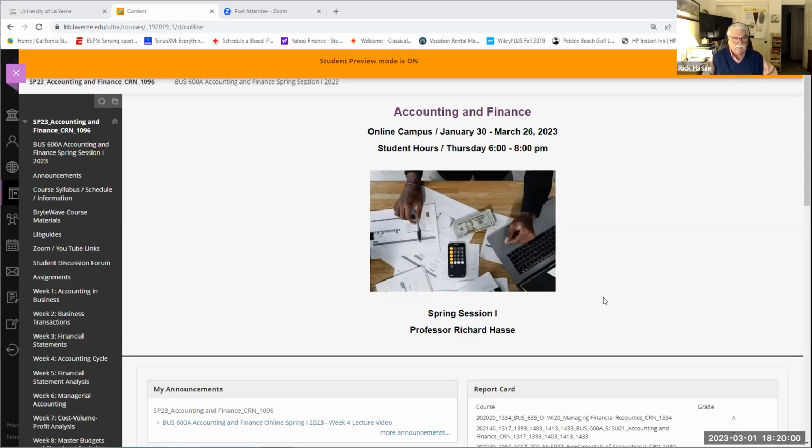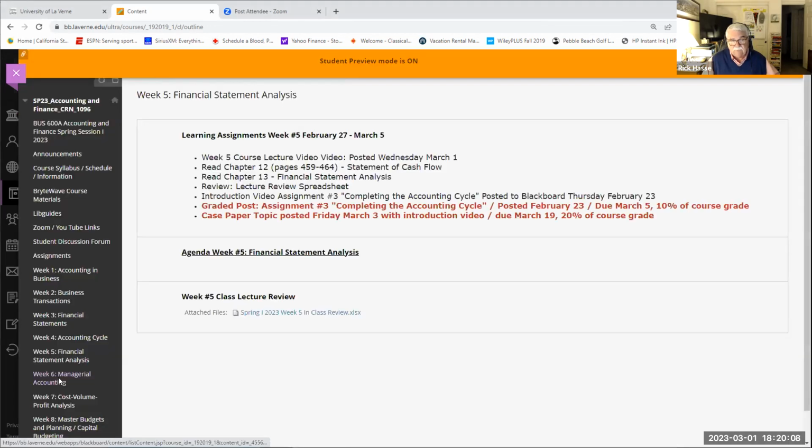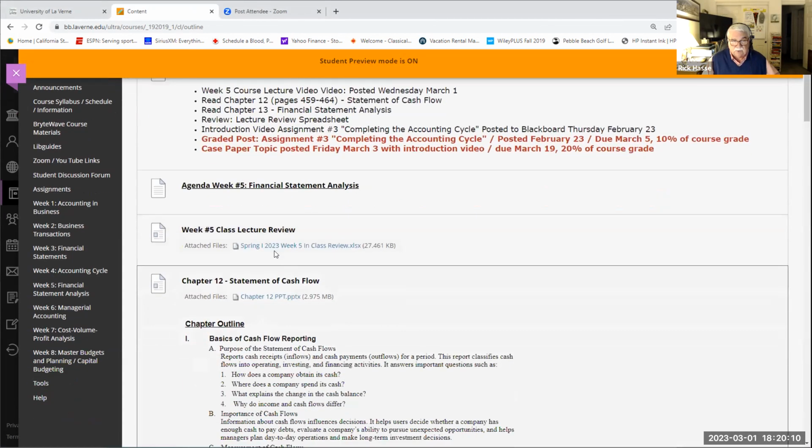Okay, here's where we are in Blackboard at the present time. This is week 5. We're now in the second half of our course, and in week 5, we have chapters 12 and 13. This is a spreadsheet that I'll be going over a little bit about statement of cash flow and financial statement analysis. You can follow along or use it as a template as I put it together and discuss it this evening.